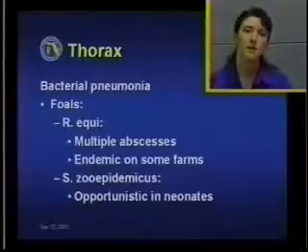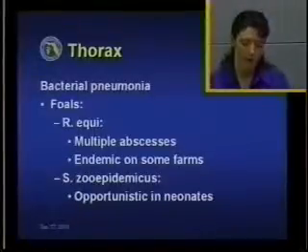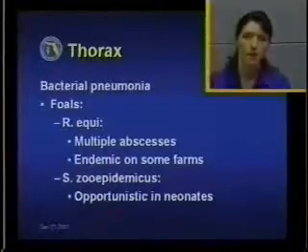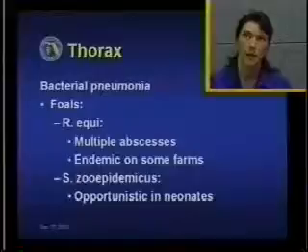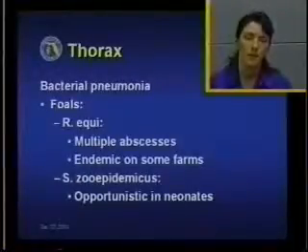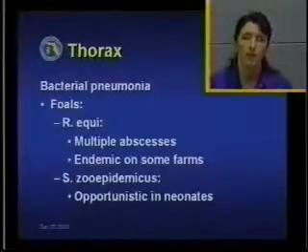On some farms, you will see that this problem is endemic, and the presence of bacteria that carry the virulence factor. This is a factor that is actually carried on a plasmid within the bacterium. Rhodococcus equi is a very common organism in the soil everywhere.